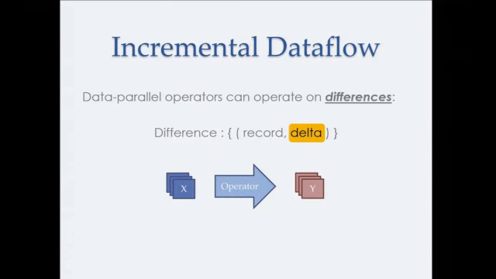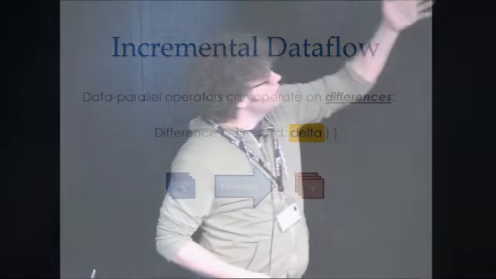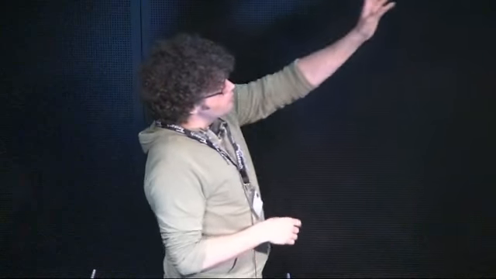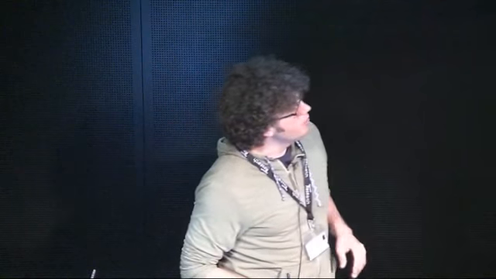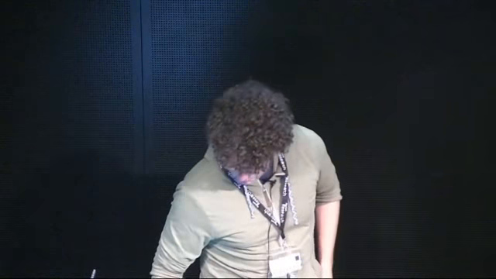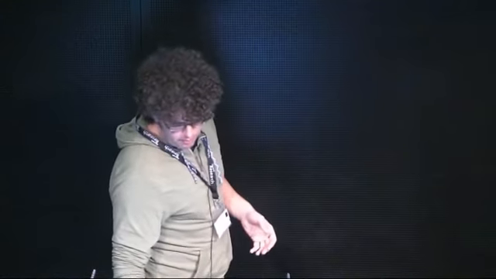We could just make that count be a delta instead. It doesn't have to be a non-negative integer. It can be a positive or negative integer, with the interpretation that as we get more and more data, we accumulate it up. And when we produce new outputs, we should produce the differences that appropriately tweak the output to look like the right answer.